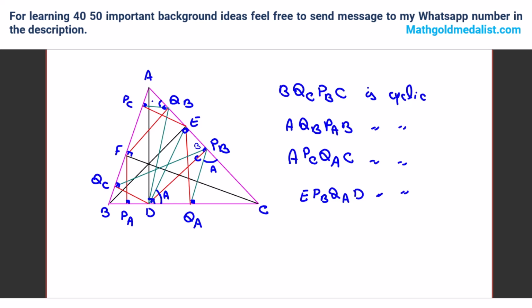C. Exactly, because this is cyclic, it is C, this one is C, right? Great. So good job. What about this angle? That's A.